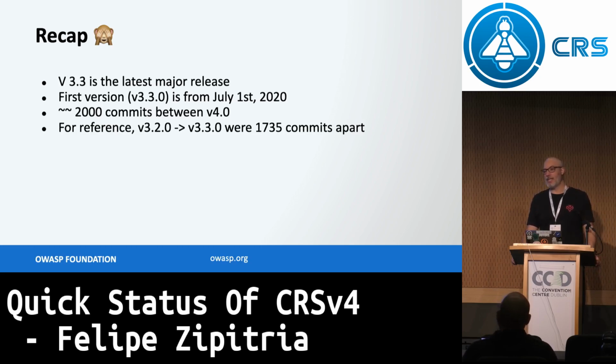You can read about that on the releases page, and basically releases are the latest major. In this case, it is 3.3, not version 3, because 3.2 is very different. The first version of the 3.3 is basically 3.3.0.